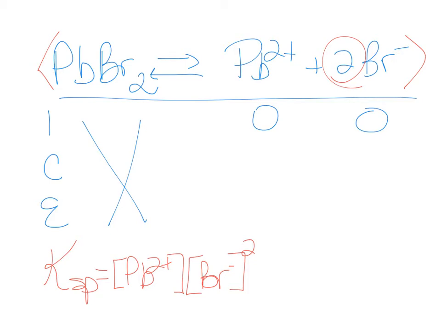And I'm going to make a little note to myself that if I call the amount of lead(II) bromide that dissolves X, then the solubility of the lead cation would also be X because it's 1-to-1 stoichiometry, but the solubility of bromide would be 2X.